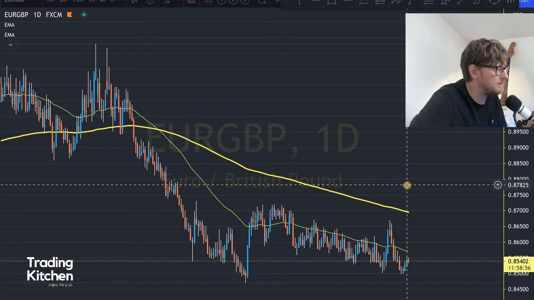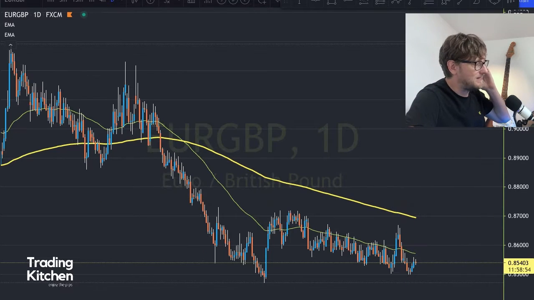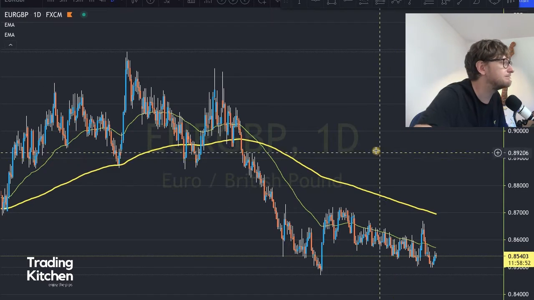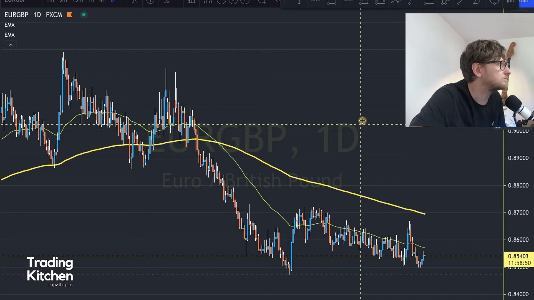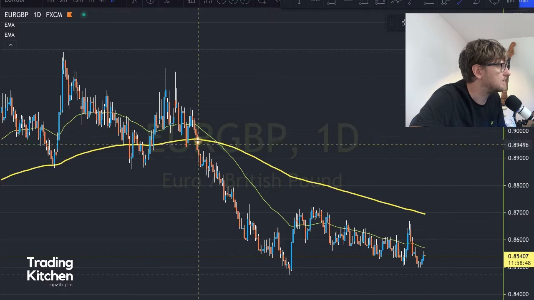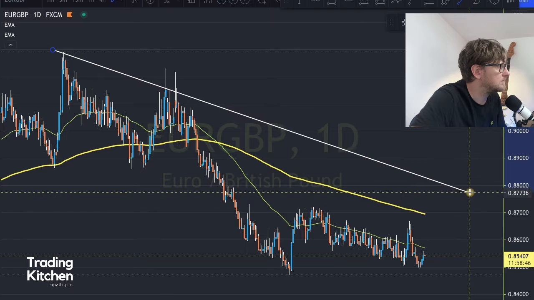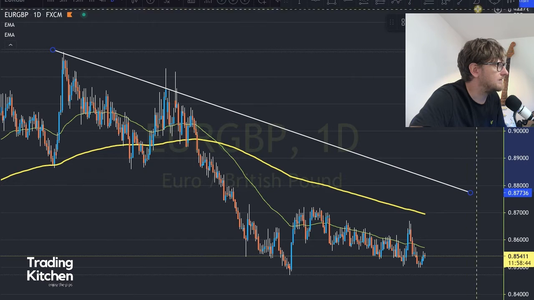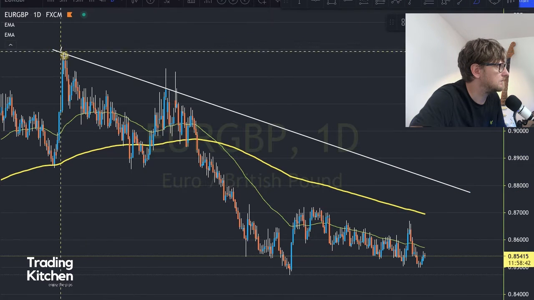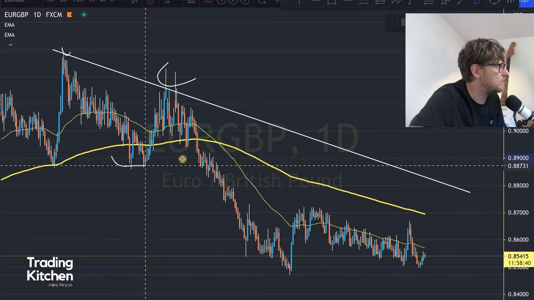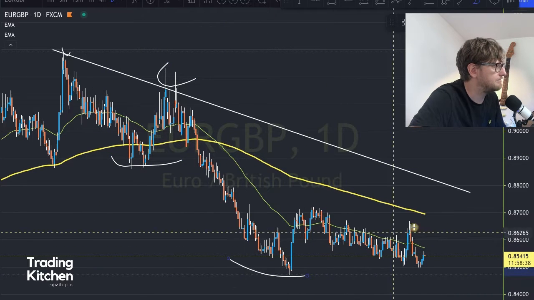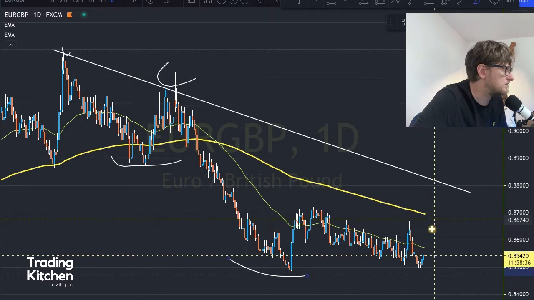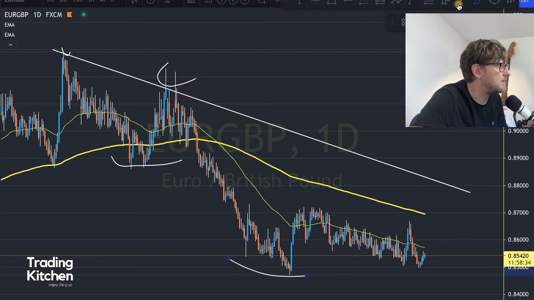On a daily time frame, it is clear, a downtrend. If you see lower highs and lower lows, I suppose there's no doubt about it.